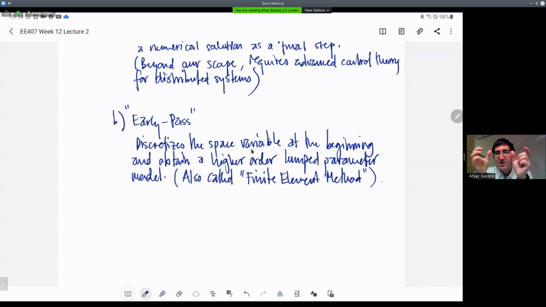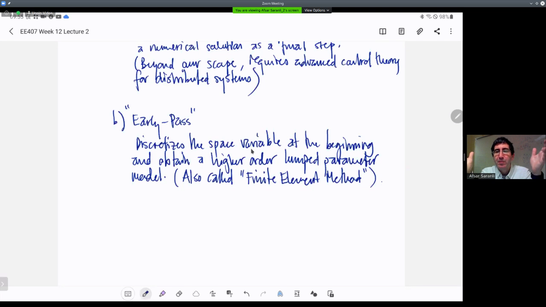So the more you divide the rod, the more finite elements you would have, and because you write an equation for each one of the elements, the higher your order of the system will be, because each segment will have its associated differential equation.